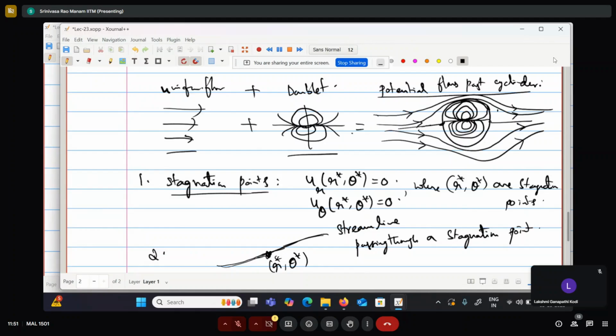It is independent now. Remove means you have a stagnation point and then you have a solid thing. That is your streamline, no? Obviously, if you put some solid object in the flow, that boundary is also a streamline, right?